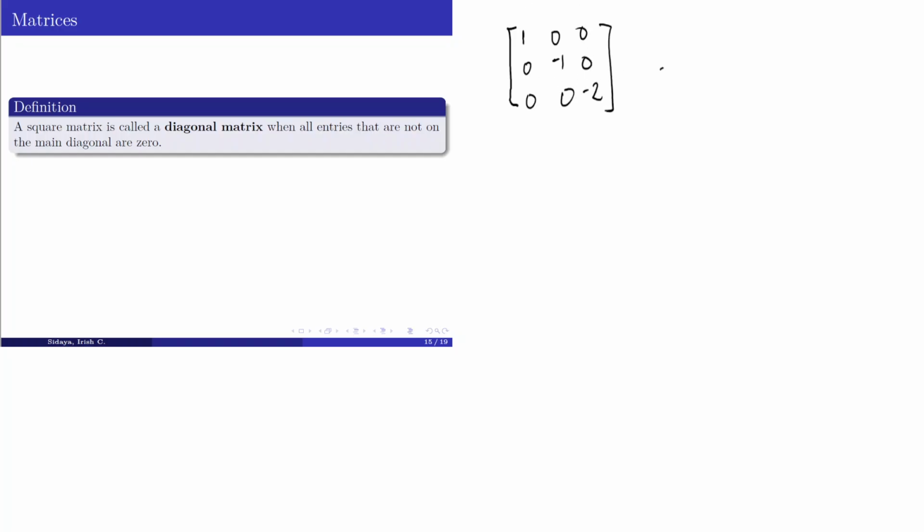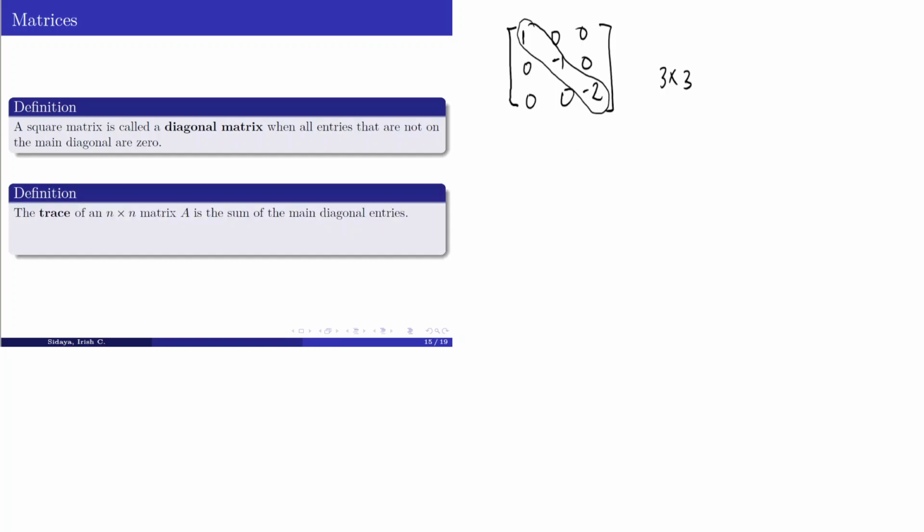So this is a 3 by 3 matrix, a square matrix, and then we have the main diagonal, and the rest of the entries outside the main diagonal are 0. So this one is called a diagonal matrix.